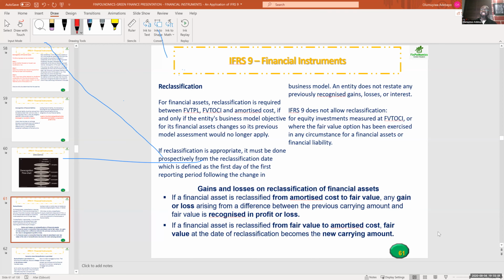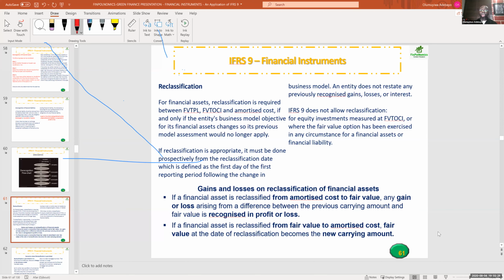Now, if we discover that the business model has changed, it could warrant it to be reclassified from amortized cost to fair value through profit or loss. Okay, but it is unlikely that you can reclassify from fair value through profit or loss to amortized cost.